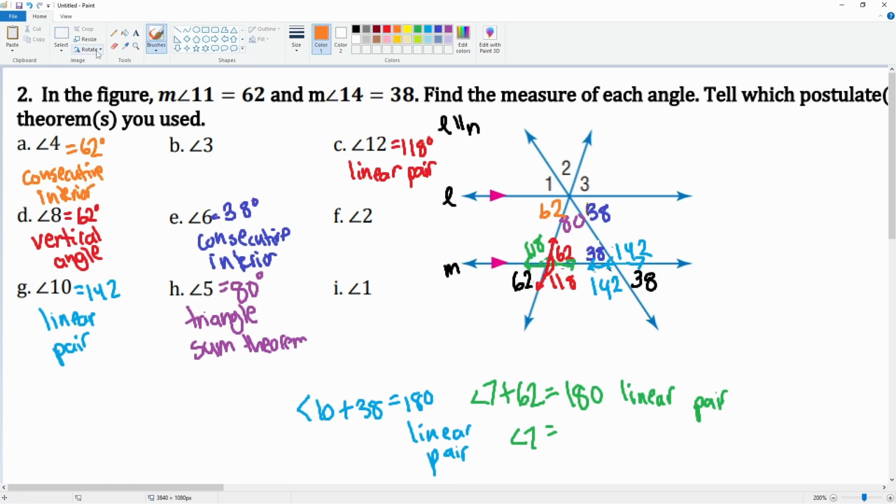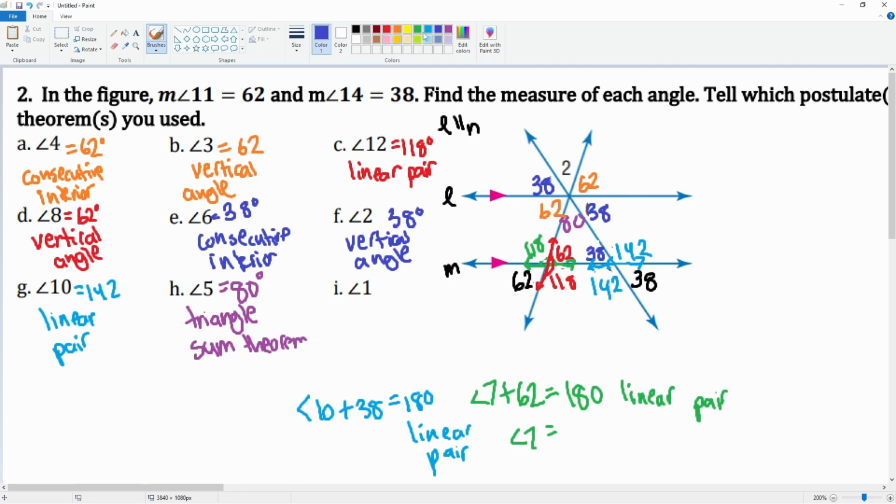We know angle 3 now because angle 3 is going to be the vertical of that. So this is going to be 62 because of vertical angles. And then we have angle 1 is going to be vertical to that 38. 38 degrees because of vertical angles.